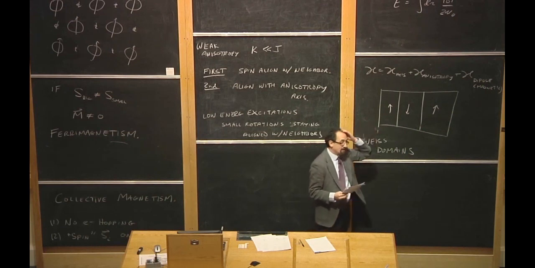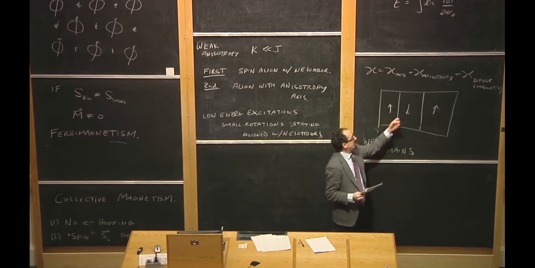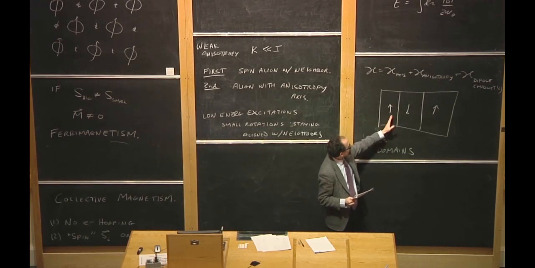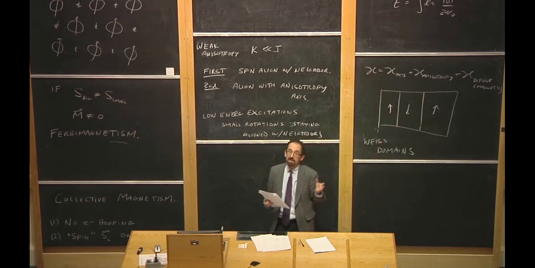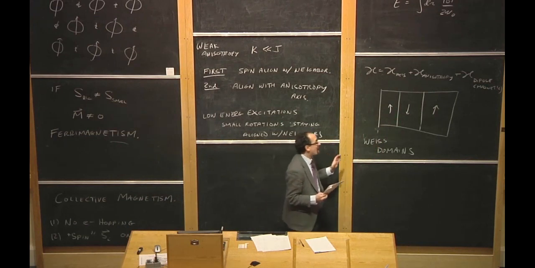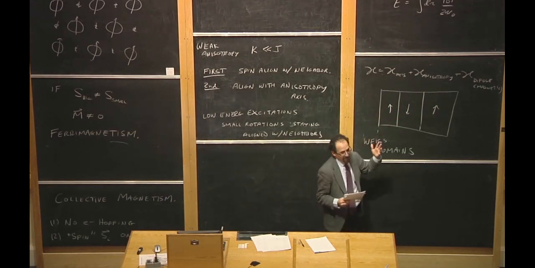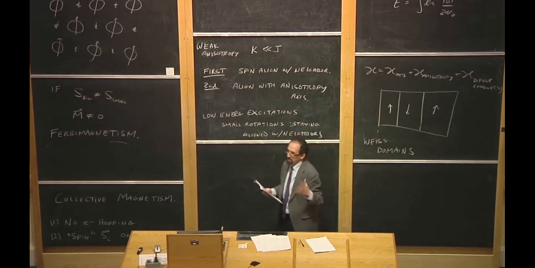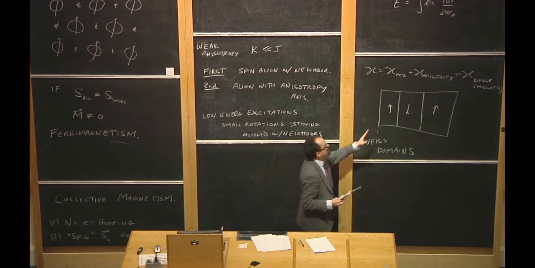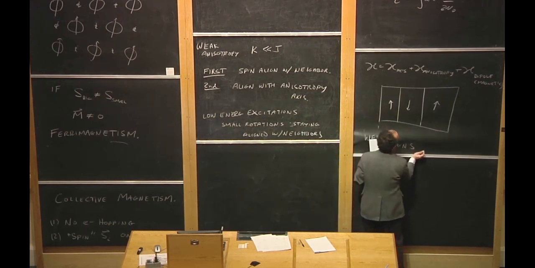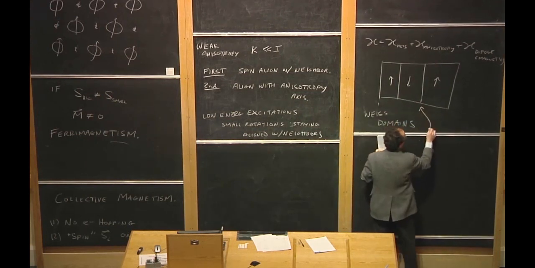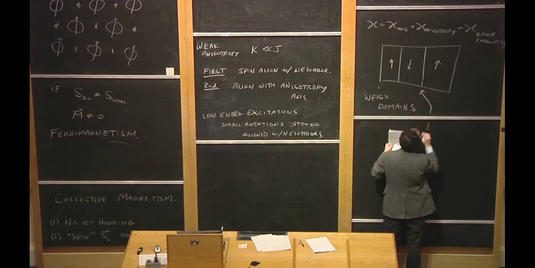Now what's going on here is that at some point in this material, you'll have up spins right next to down spins. That makes the Heisenberg term of the Hamiltonian very unhappy, because it wants up spins to be next to up spins. So there's some energy cost along that transition, which is known as a domain wall.